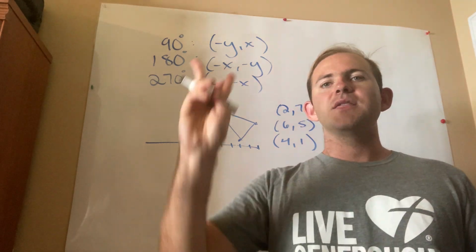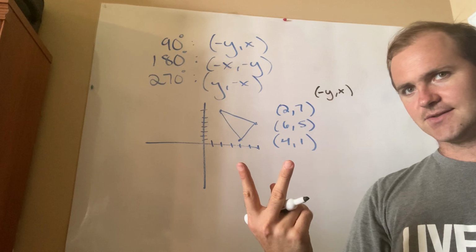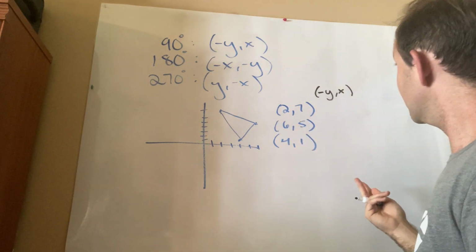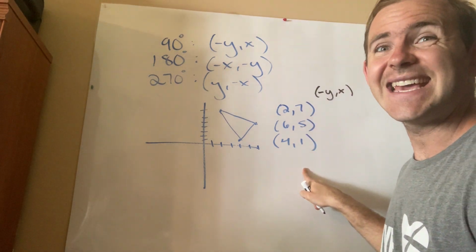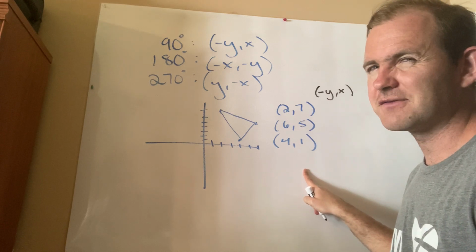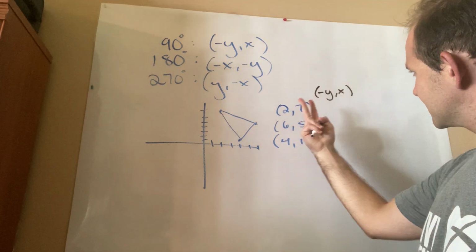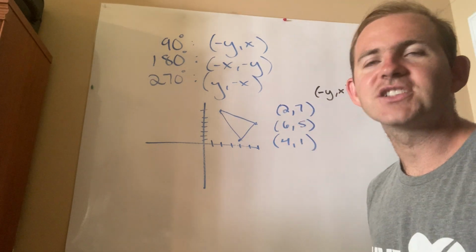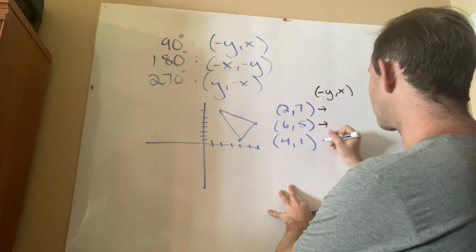That means that our coordinates are going to switch places, but whatever used to be the y value is going to change sign. Let me say that again because that's a little confusing, I know. Our 2 coordinates are going to switch places, but then whatever used to be the y value is going to change sign.